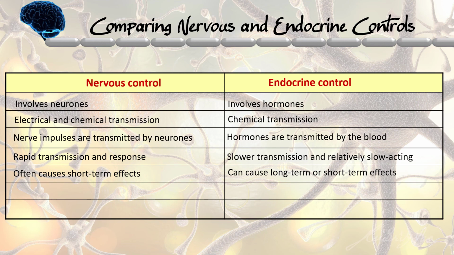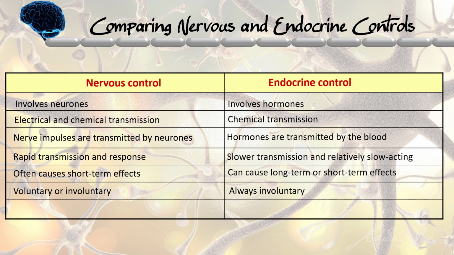For example, growth during puberty is caused by hormones, and the long-term impact is that you become taller. For short-term control, let's say your blood glucose level returns to normal.